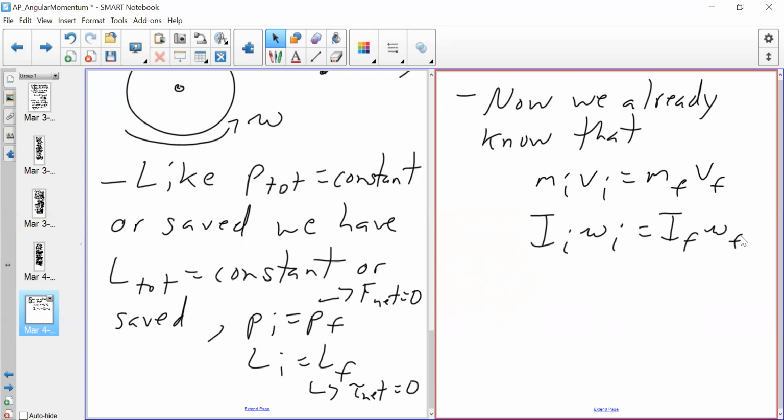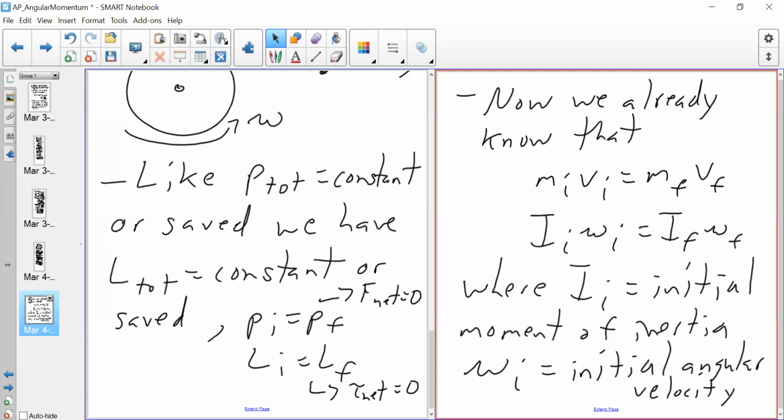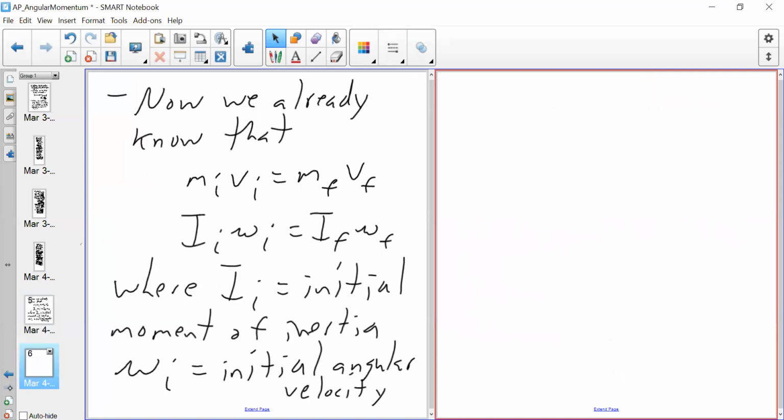Linear momentum before equals linear momentum after, same with the angular momentum case. So this II is the initial moment of inertia. Omega I is the initial angular velocity.